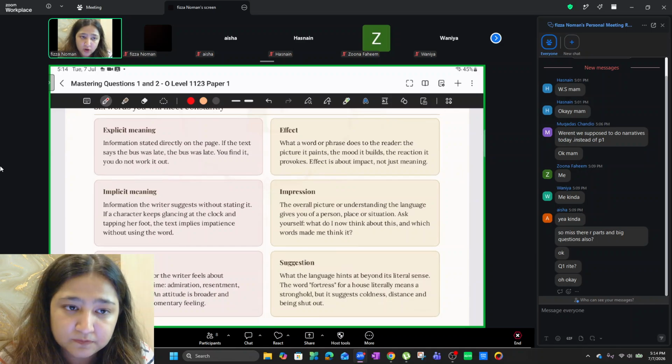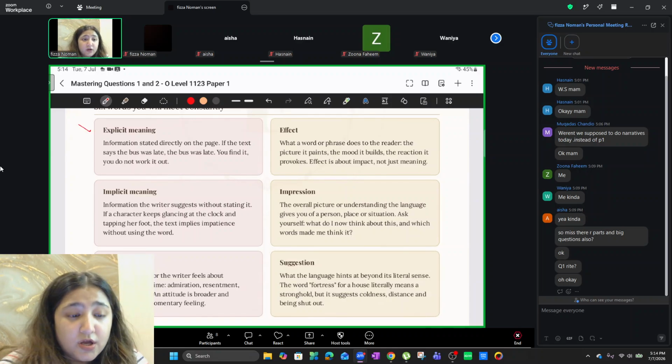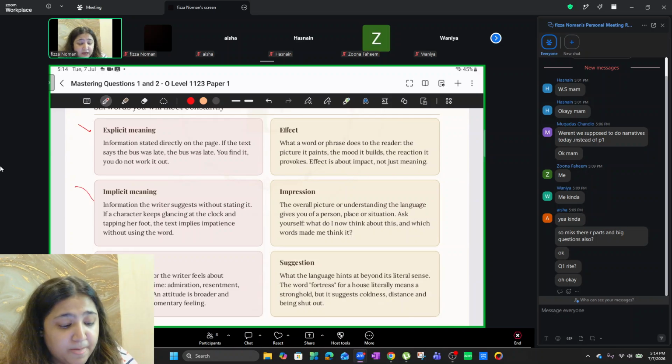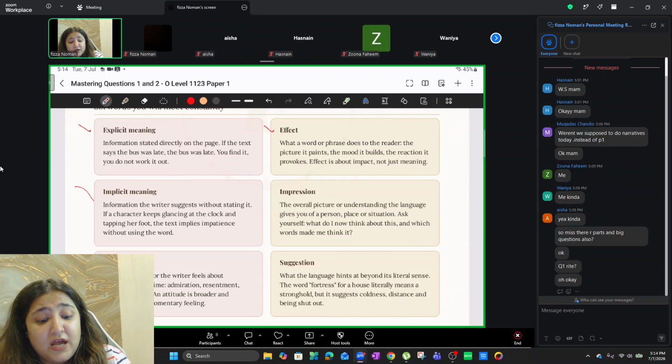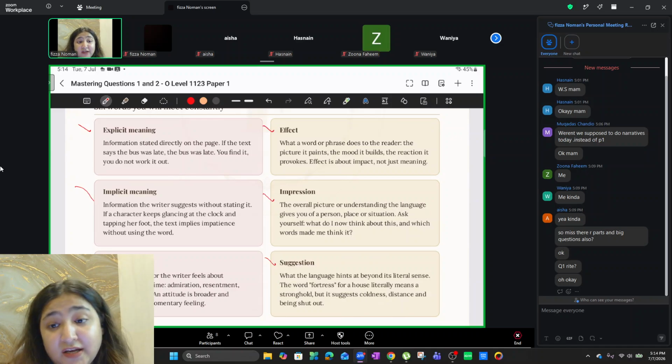Okay? Overall, you come across explicit meaning, you come across implicit meaning, you come across attitude questions, you come across effect questions, impression questions, and suggestion. Okay? So you need to understand each one of them in their entirety to get the hang of the different kinds of questions that can come up.